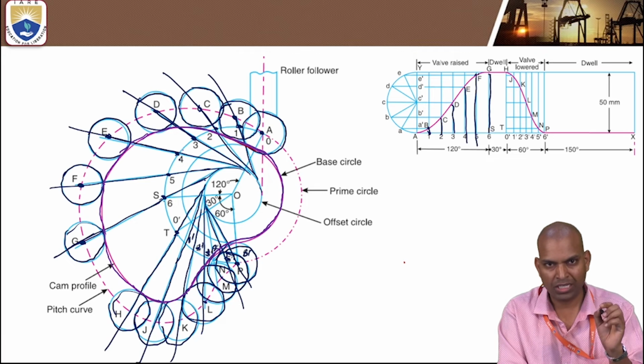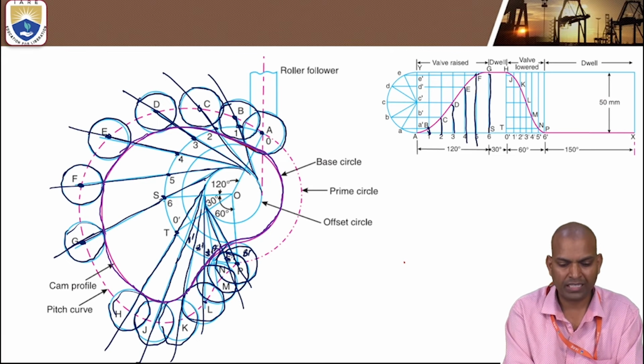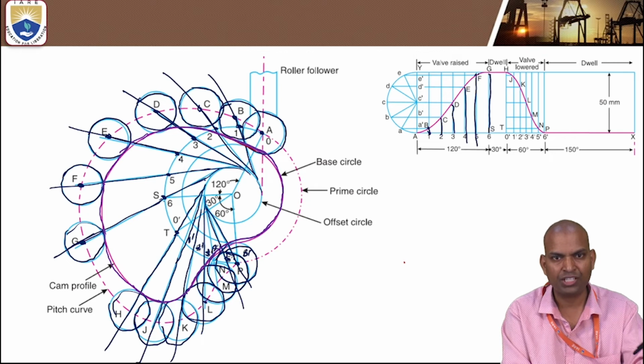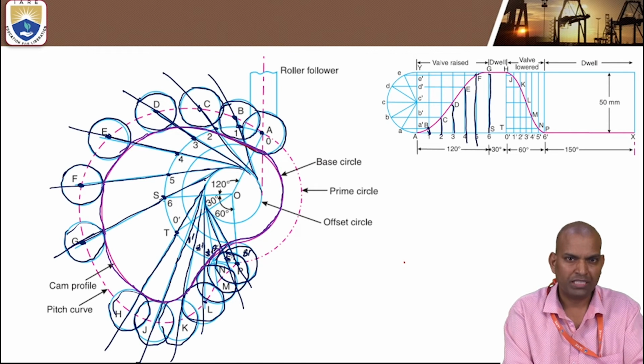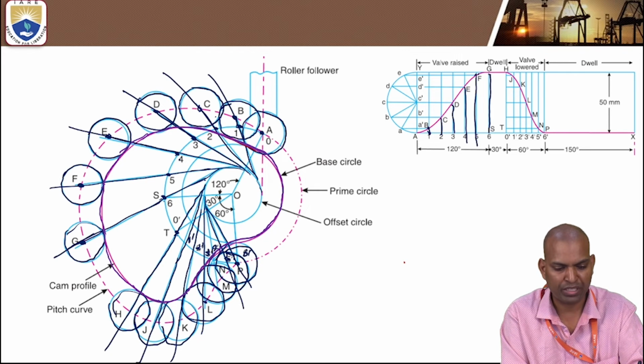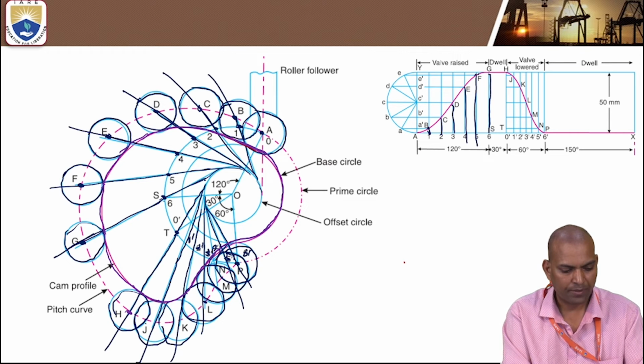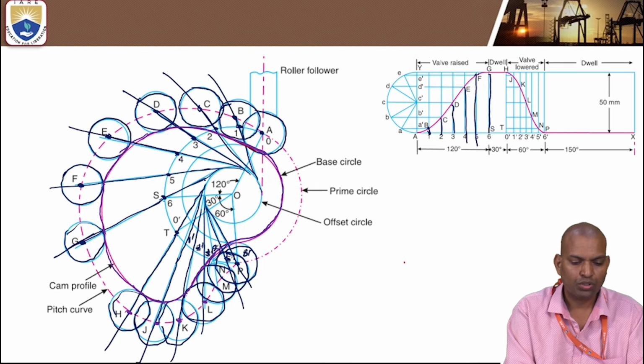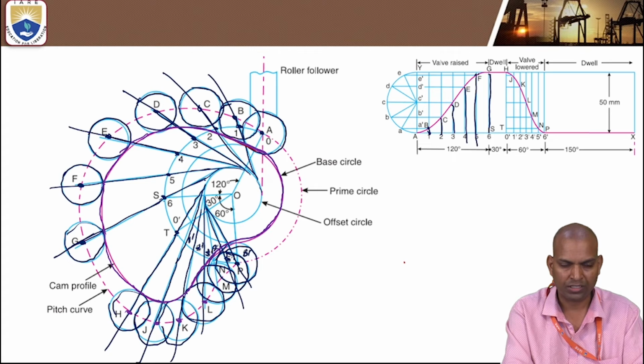So on the tangential lines, we have to mark the vertical distances taken from the displacement diagram. Those distance points are here A, B, C, D, E, F, G, H, J, K, L, M, N, P.